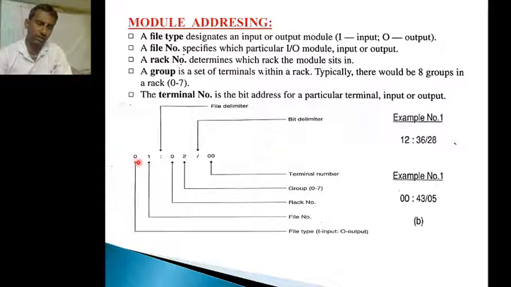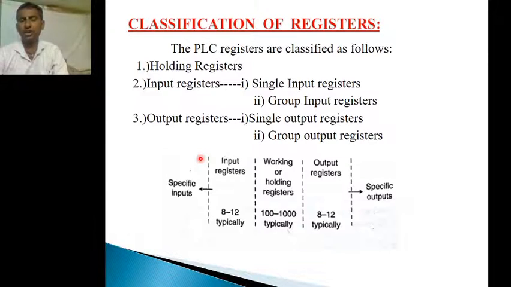So the first is the file type, the second is the file number, the third is the rack number, the fourth is the group, and the last two numbers represent the device terminal numbers. These are separated with a delimiter: this is called the file delimiter and this is called the bit delimiter. In this manner we can represent the addressing of a particular device, which is called module addressing.